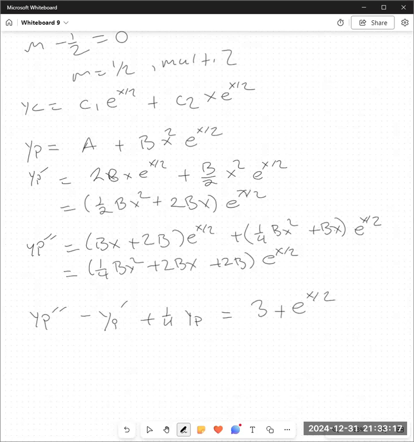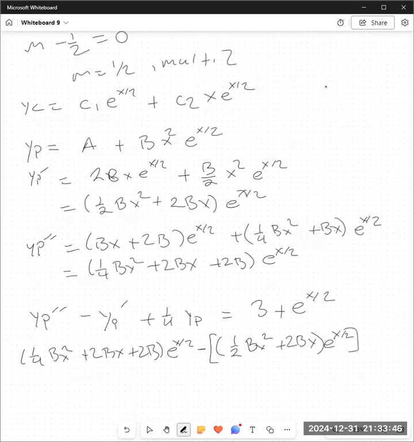So this is (1/4 bx squared plus 2bx plus 2b) e to the x over 2, minus yp prime, which is (1/2 bx squared plus 2bx) e to the x over 2, and then plus 1/4 of (a plus bx squared) e to the x over 2.